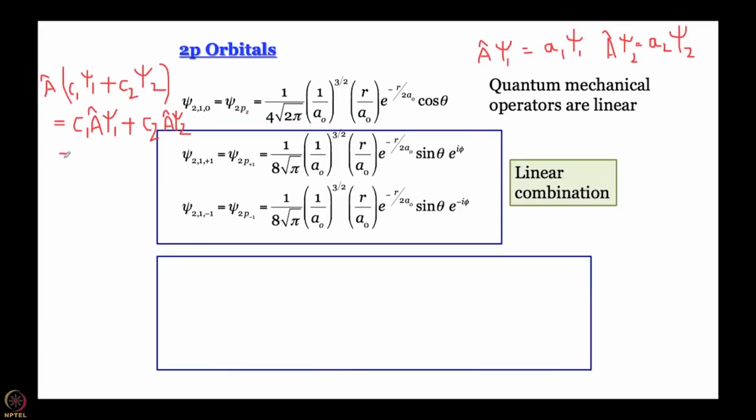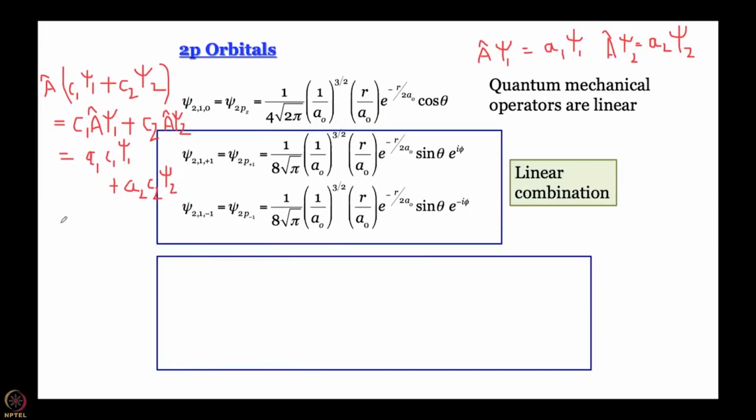So, let us write this now. What I get is A1 C1 psi 1 plus A2 C2 psi 2. Should have actually included this in the slide itself.